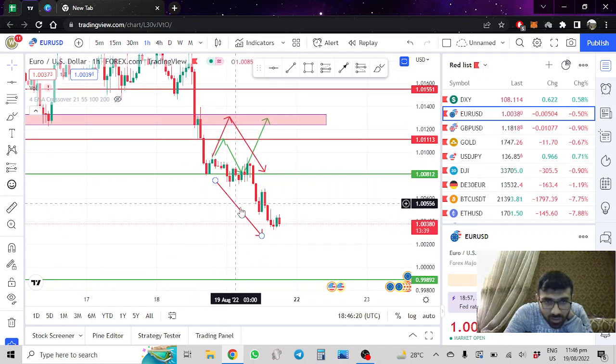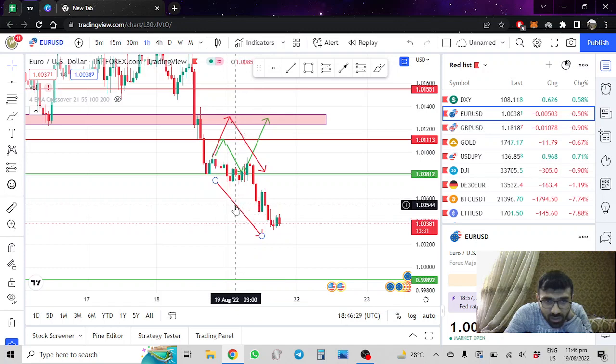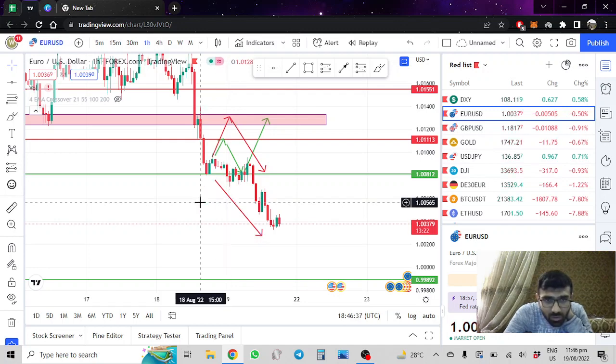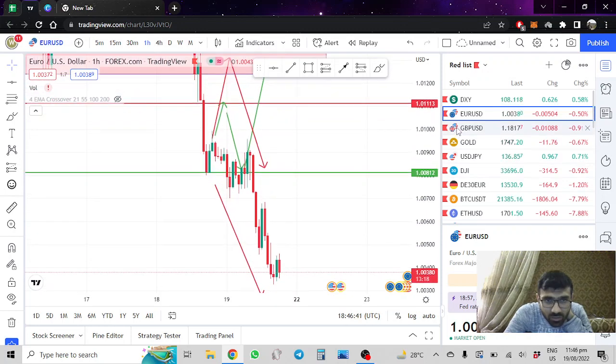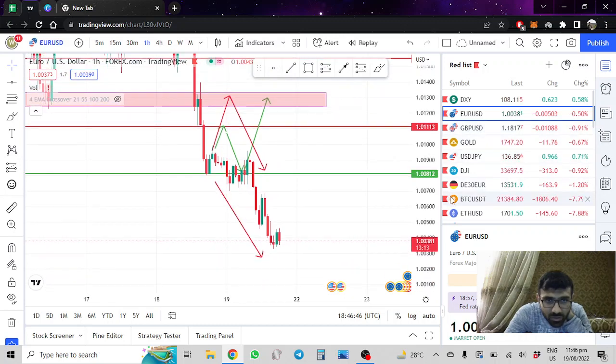Only this scenario was respected, the risky sell trade that I gave you, and it would have given you a good profit as well. As you can clearly see, there is a good chance that you could have made a good profit out of it.